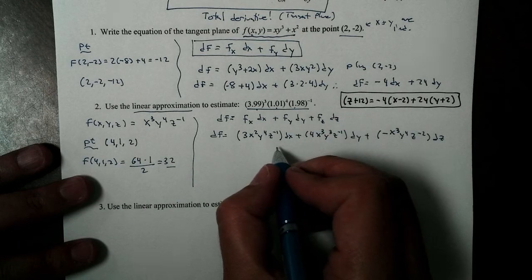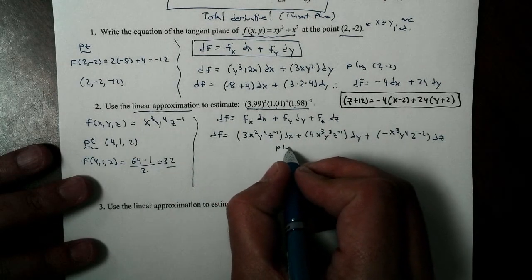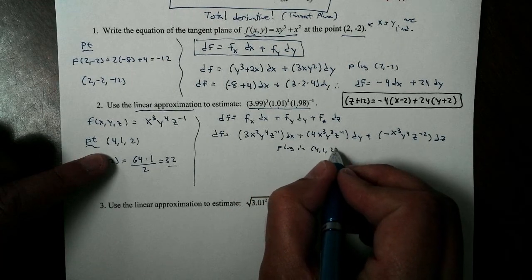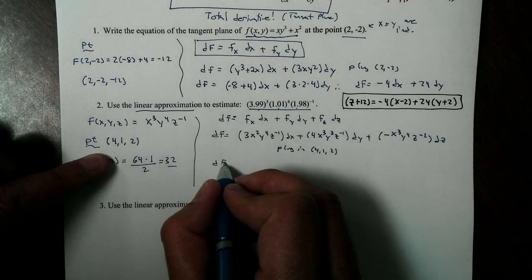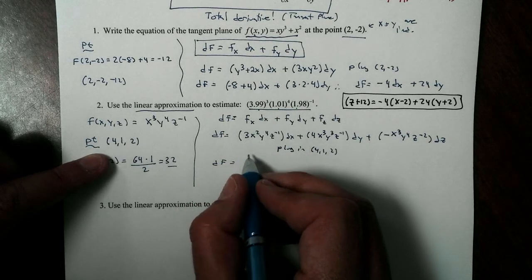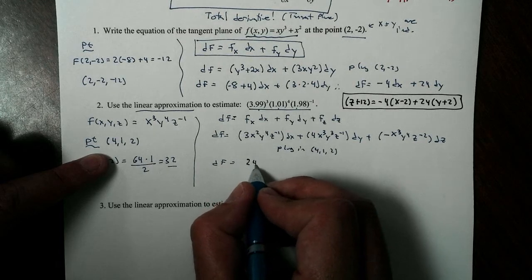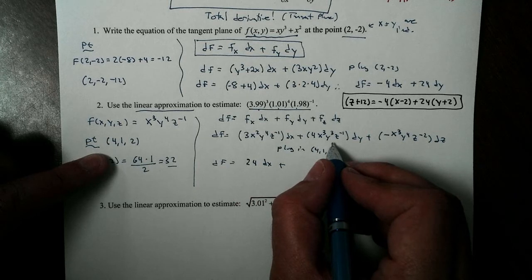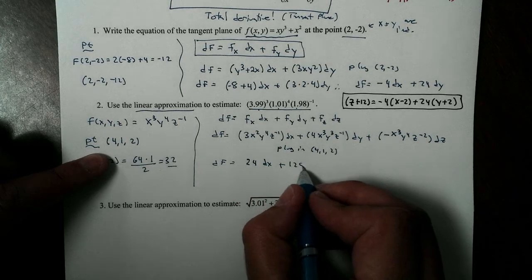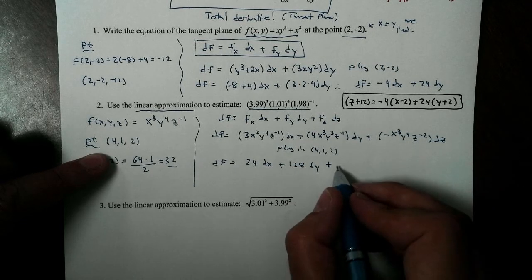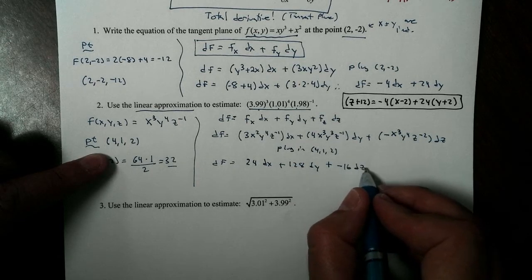Plug in the point. Plug in the point that we use, 4, 1, 2, and we will get the following. If I simplify all of this, this just becomes 24 dx. Plug it into here, we're going to get 128 dy, plus plug into here, we're going to get -16 dz.